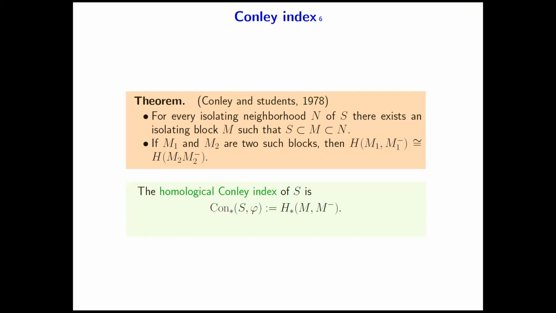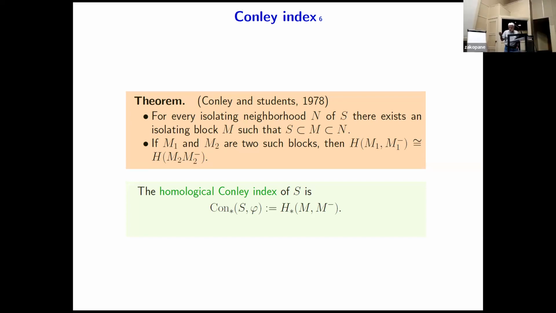Of course, the original version of Ważewski was not based on homology, but on the more general concept of homotopy, and the Conley index was also based on homotopy. But in practical terms, if you want to compute something, particularly compute algorithmically, then typically you use homology.